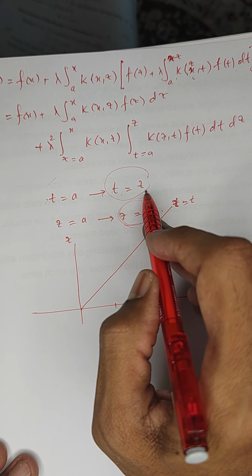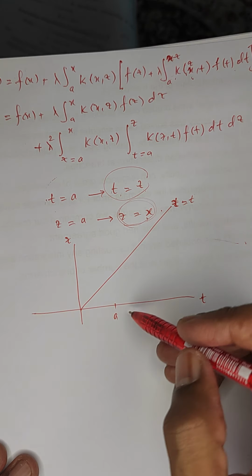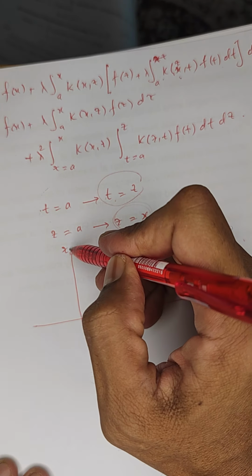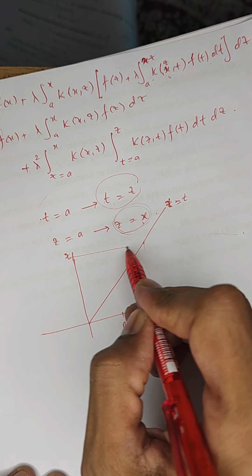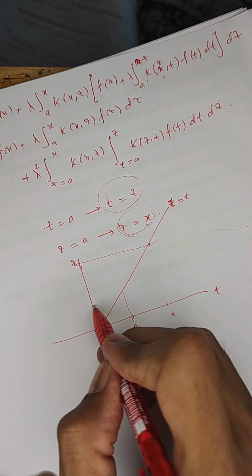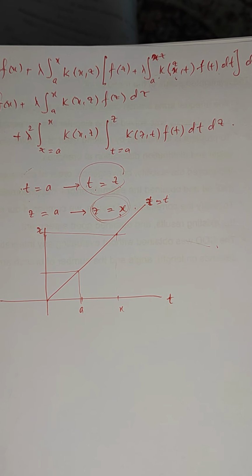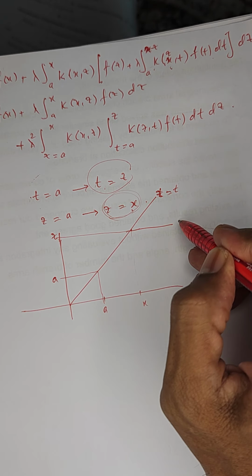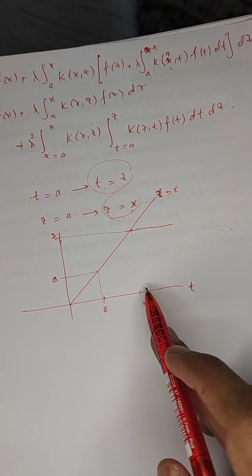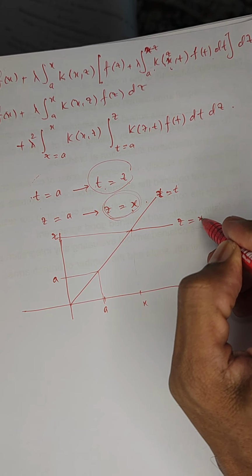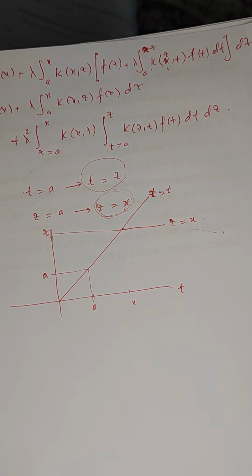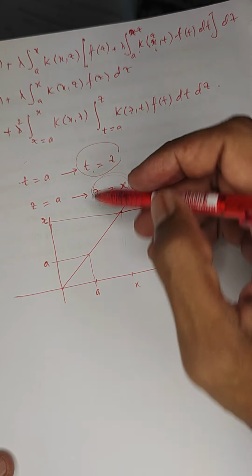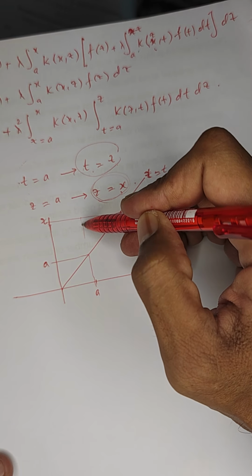So up to t is from a to x. This is z equal to a, and this is z equal to x, that line here. So this is the region of integration.